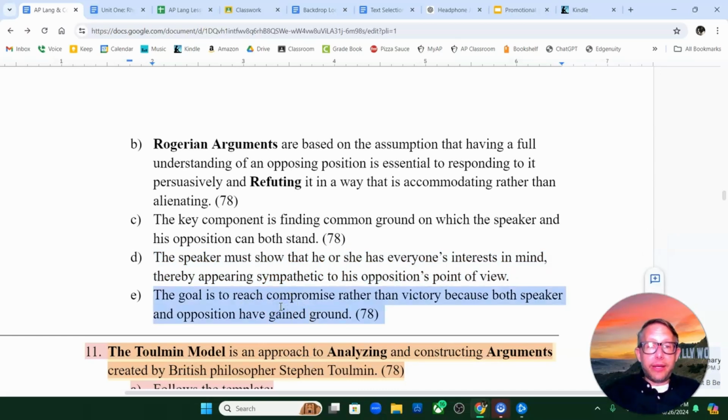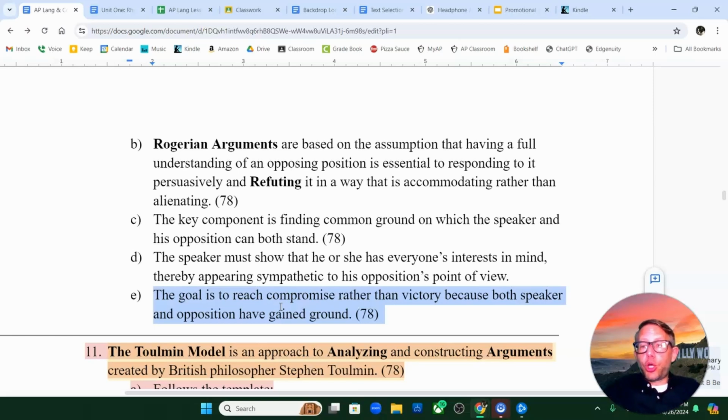So, to sum up that whole concept there, the goal is to reach compromise rather than victory, because both speaker and opposition have gained ground. And if you think about that, how foreign of a concept does that seem to be in the midst of any debate, any argument, any situation in which you've got two very polar opposite sides sort of fighting against each other?